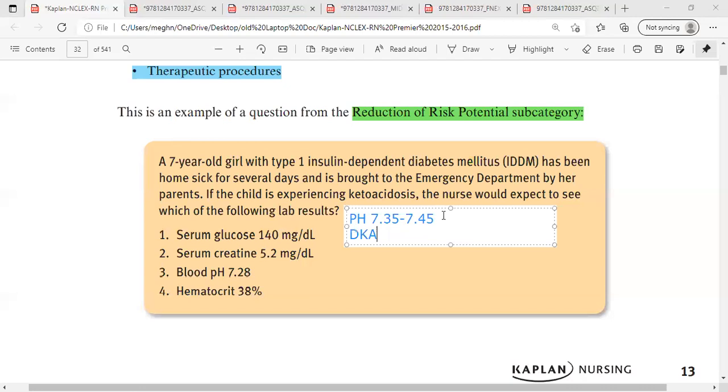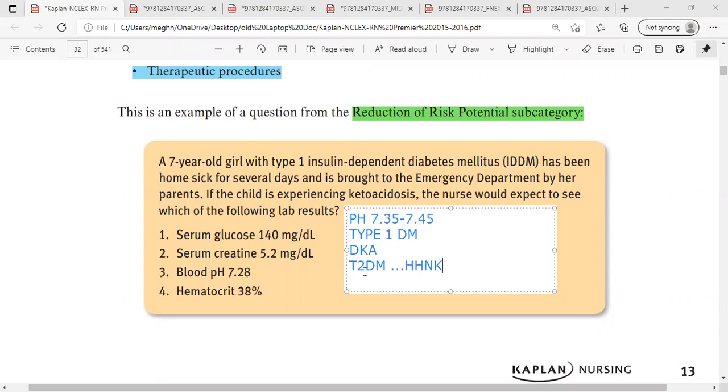And why does the patient have DKA? Because the patient is diagnosed with type 1 diabetes mellitus, because the patient is 7 years old, right? Not an adult. And the complication of type 1 diabetes mellitus is called DKA. If the patient is an adult with type 2 diabetes mellitus, the complication is called HHNK, meaning hyperglycemic hyperosmolar non-ketotic coma.